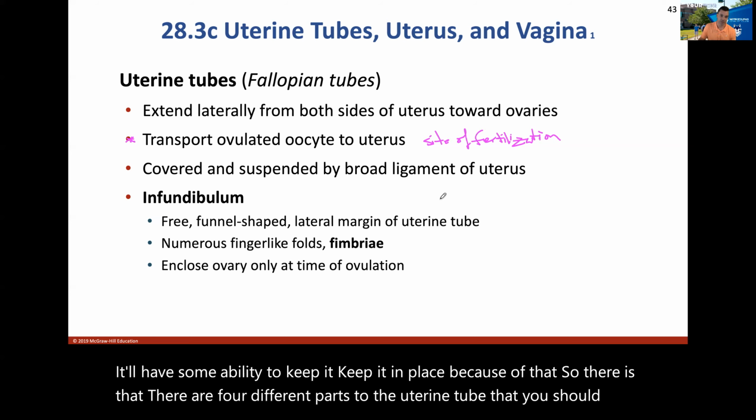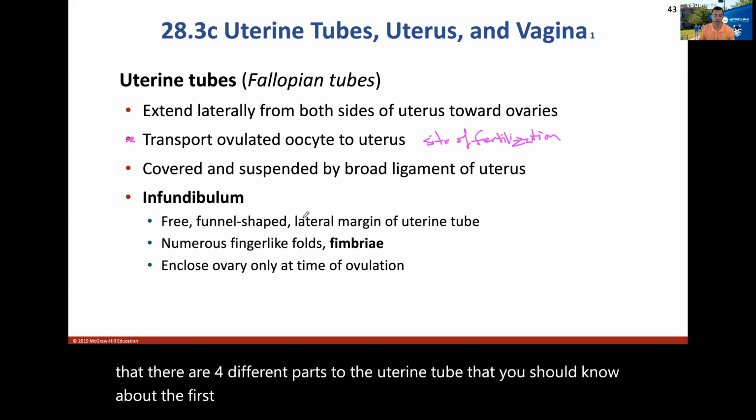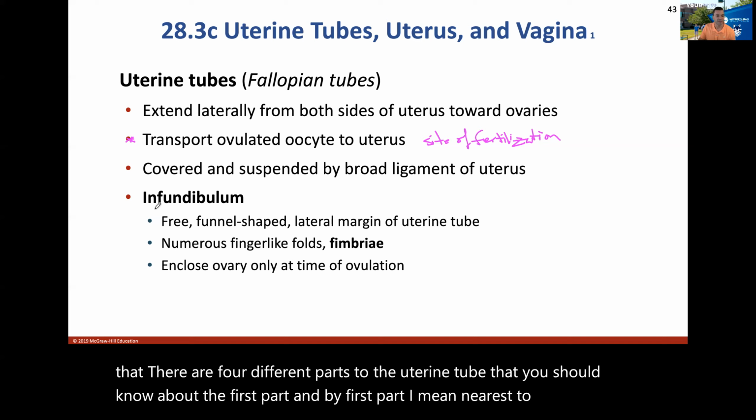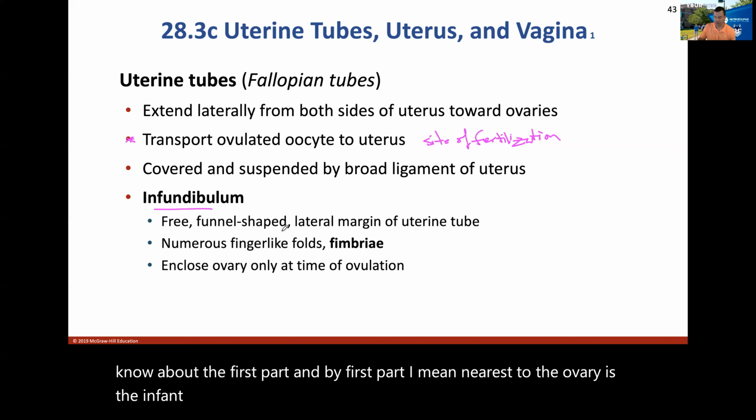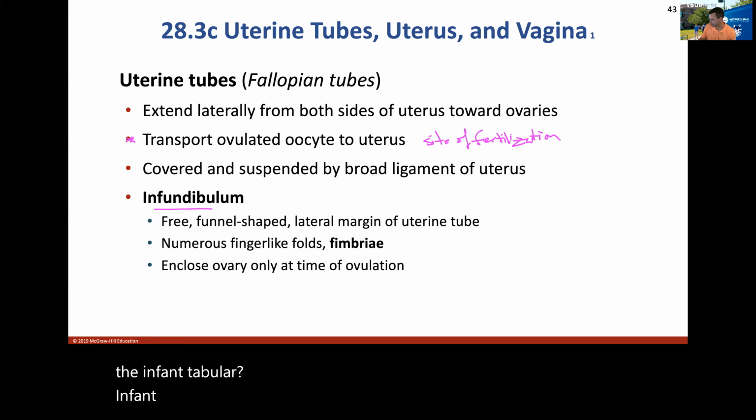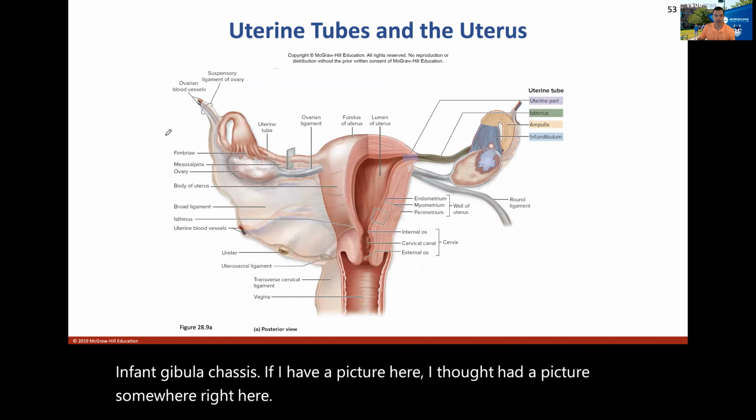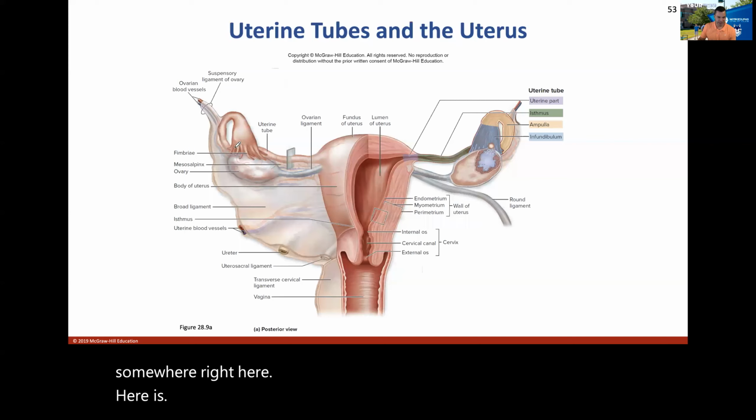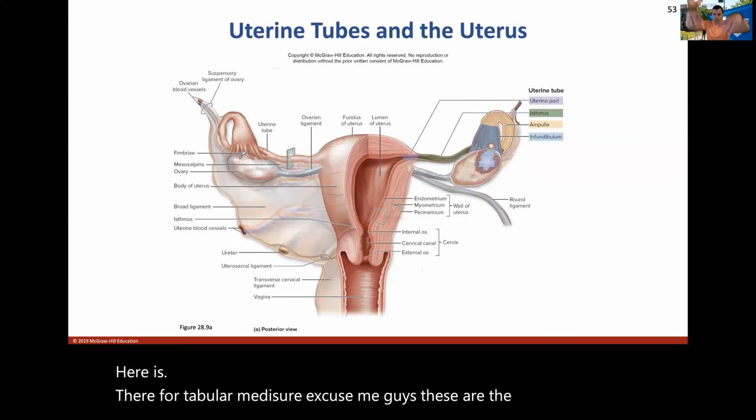The first part, and by first part I mean nearest to the ovary, is the infundibulum. I'm trying to see if I have a picture here. Oh yeah, right here. Here is the infundibulum, and these are the fimbriae that drape down over.